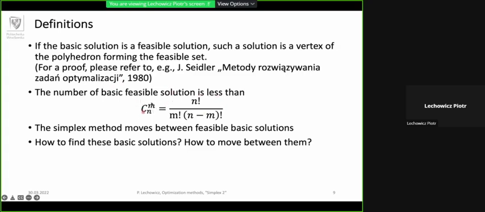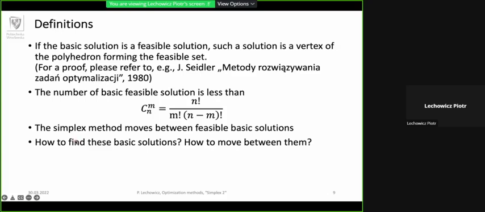So we are choosing m inequalities from n variables, and this is our upper bound for the number of vertices which need to be checked. However, the simplex method moves between feasible basic solutions in such a way that it minimizes this number, because in each move it improves the found solution.